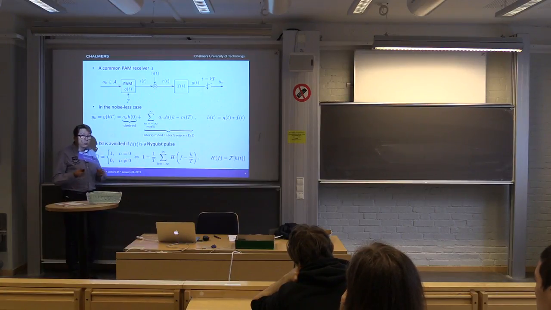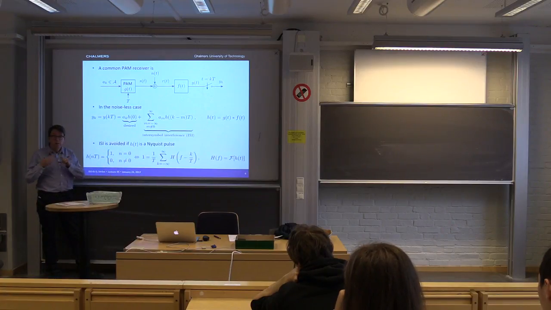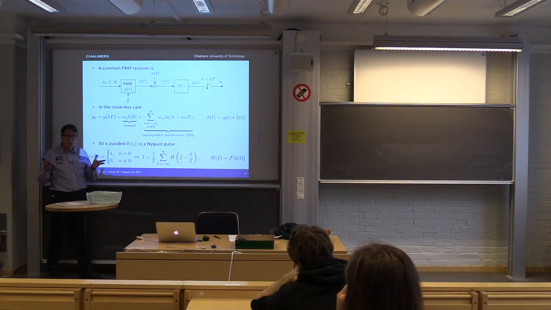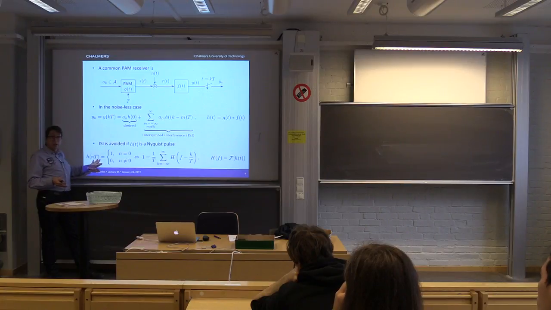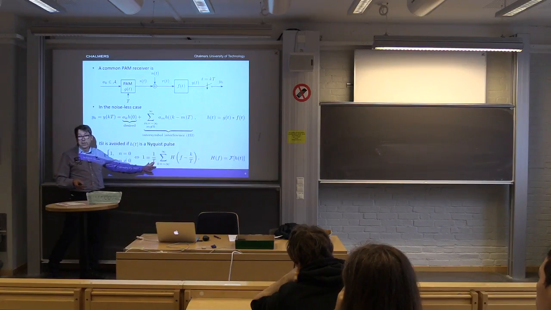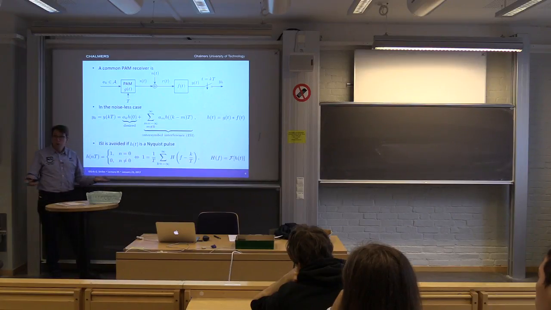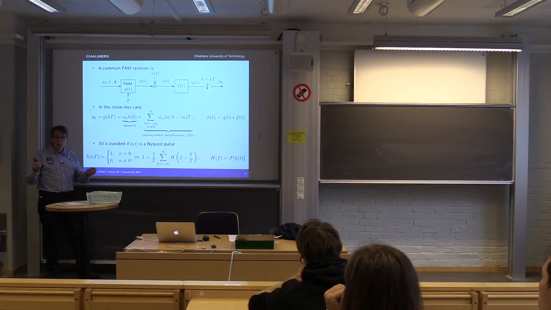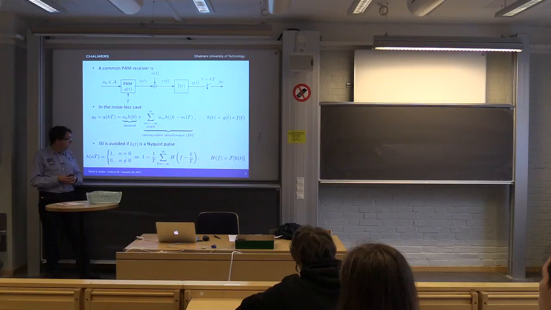Okay, so in order to figure out whether we have 0 intersymbol interference, we can do that in two ways. Either we look in the time domain and check for this condition, or we look in the frequency domain and check for this condition. Which one to choose? Depends, right? Depends on what's simplest. We have two tools and we use the best one. Okay.